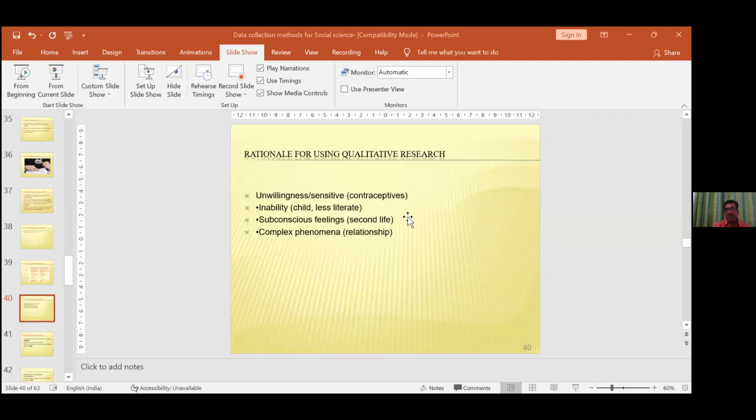In quantitative research, we will distribute the questionnaire, or we may ask the questions to the respondent. The respondents may give their opinion on the basis of some value or quantification. For example, what's your opinion about coffee? One person says excellent, that means you have assigned 5. Another person says very good, you have assigned 4.